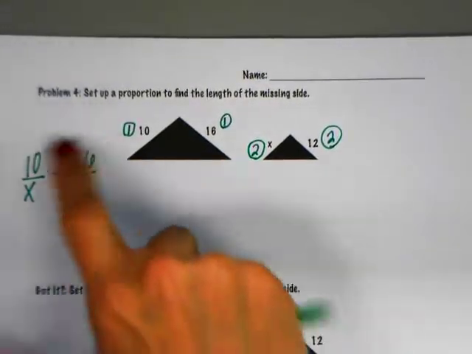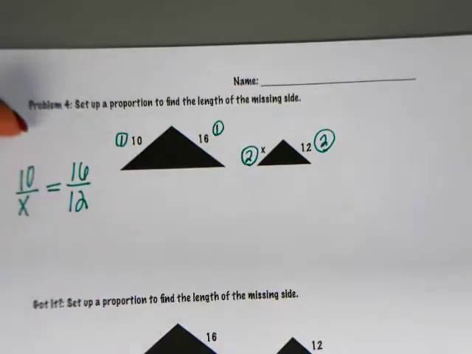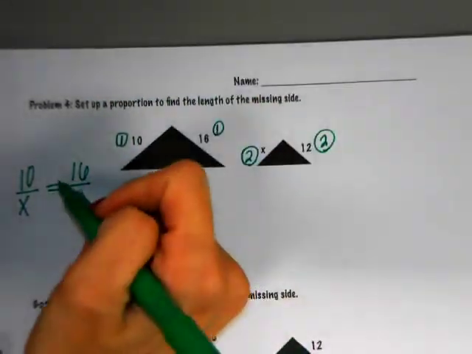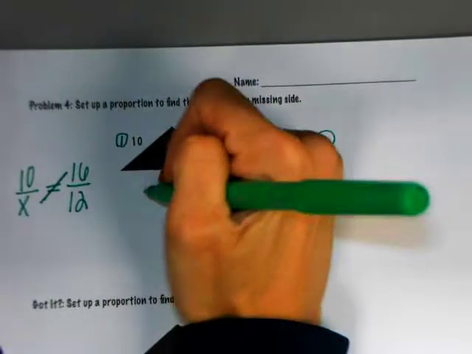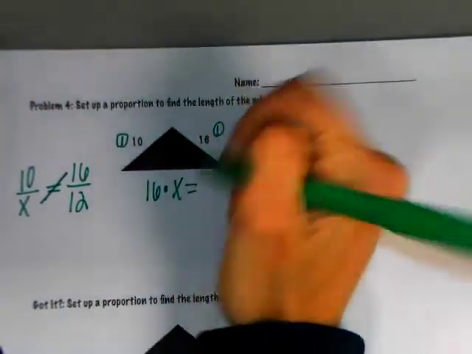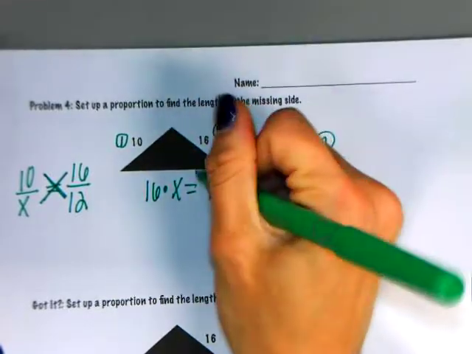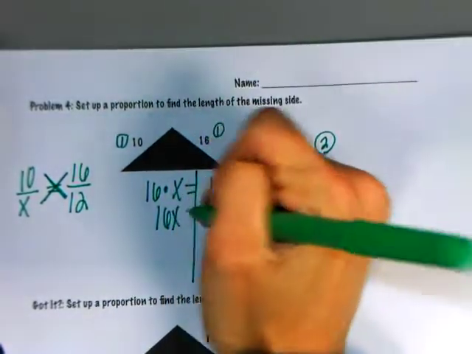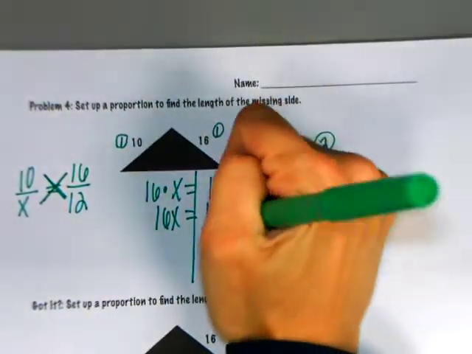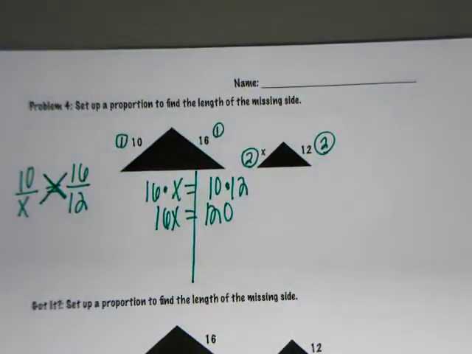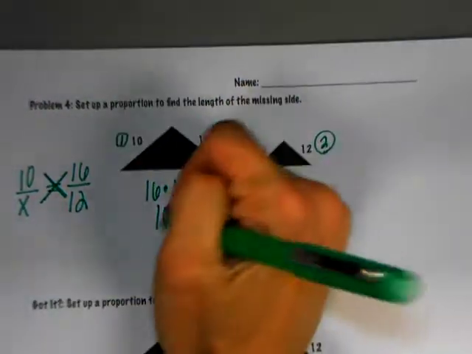Okay? It doesn't matter where they're located, but as long as those two are the ones that are diagonal, then you know you did it right. Okay? All right, so then let's solve this. So 16 times x equals 10 times 12. 16x equals 120. And then divide. So what do we get?